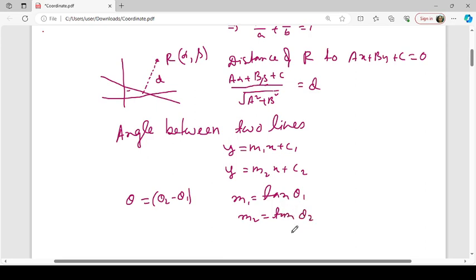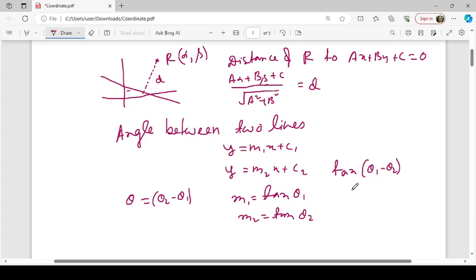So we know the formula for tan of theta 1 minus theta 2. We can find this because we know tan theta 1 and tan theta 2. So theta 1 minus theta 2, or theta 2 minus theta 1, this is theta. We can find the value. This is the angle between two lines.